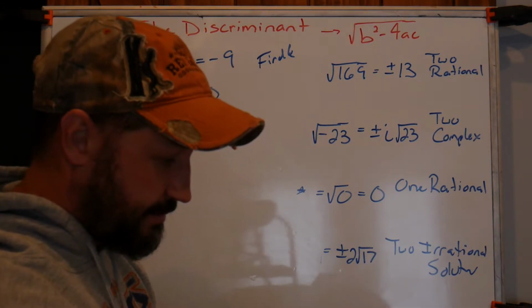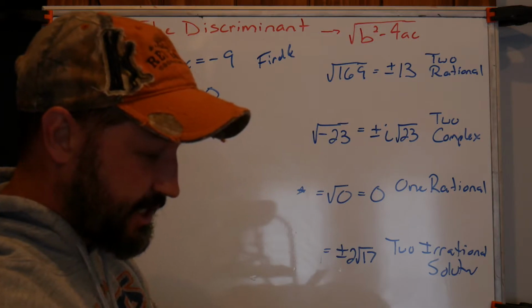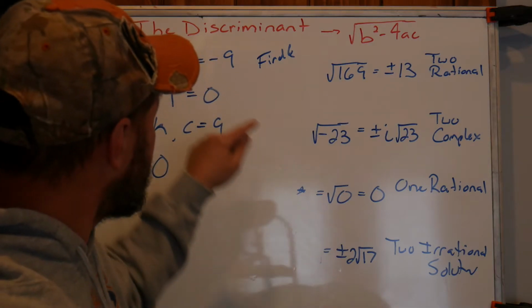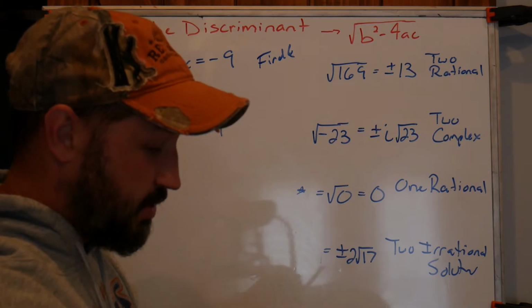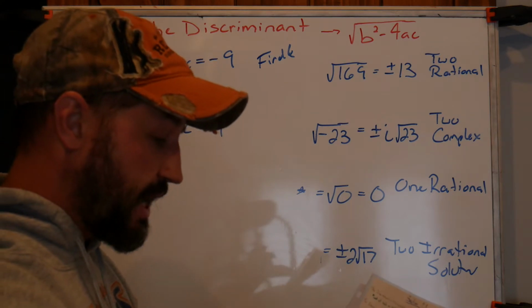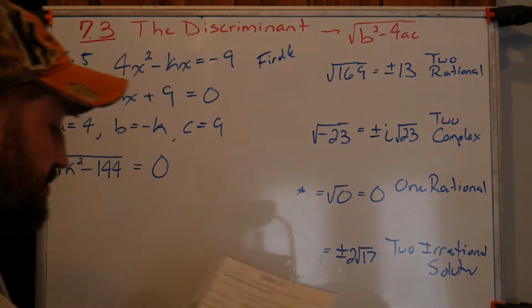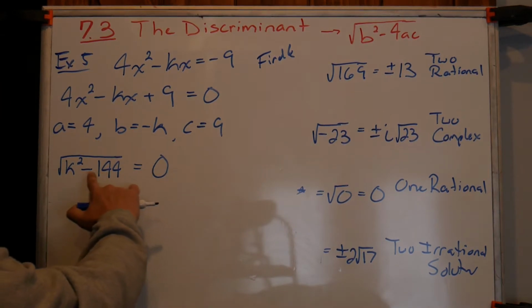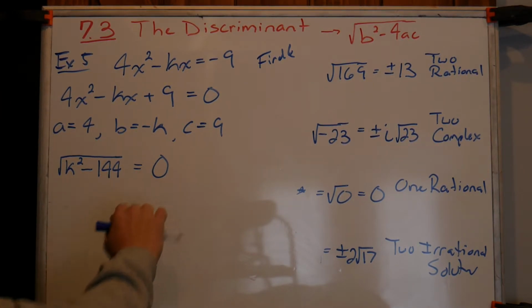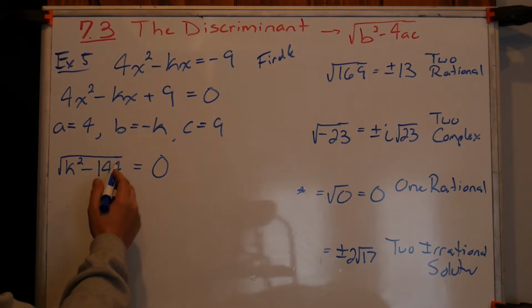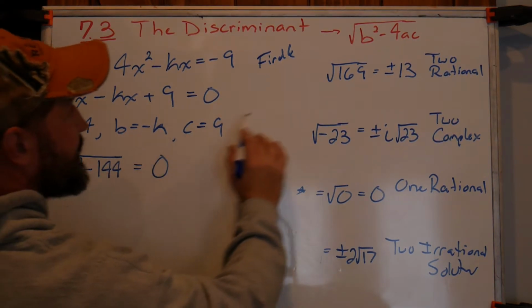The problem, example 5, says so that this equation has exactly one rational solution. So in order to get that, we get to this piece here. Well, you might ask, what do we do now? Well, I set this up.